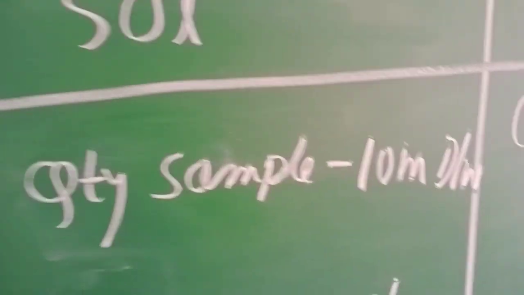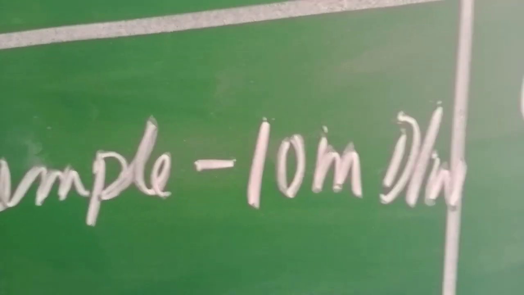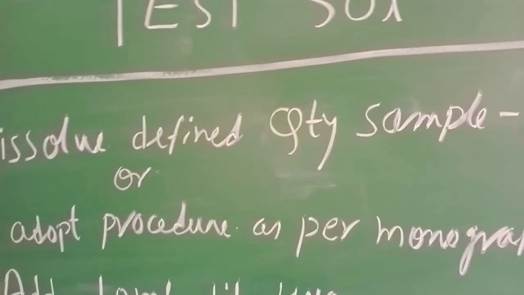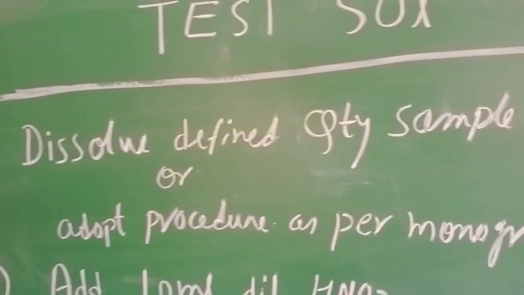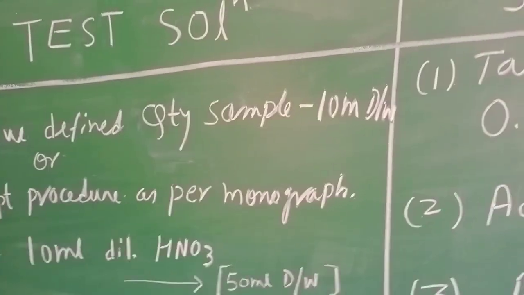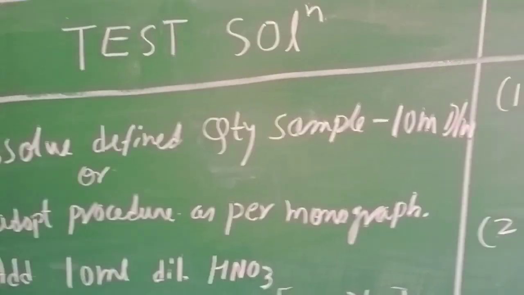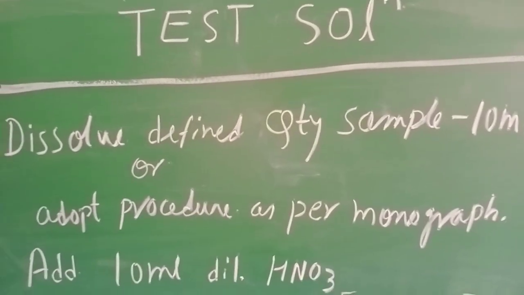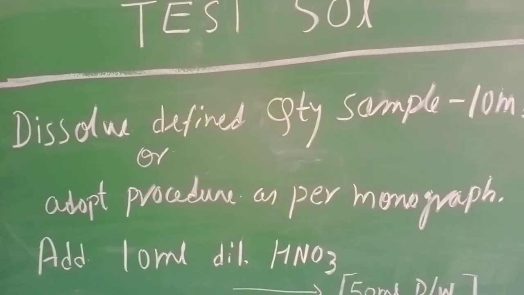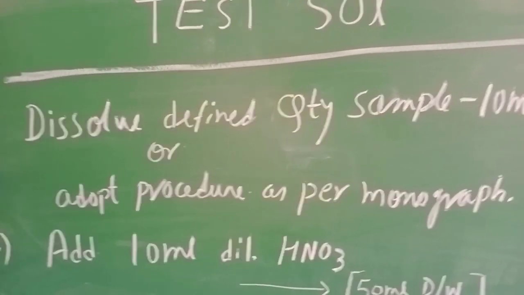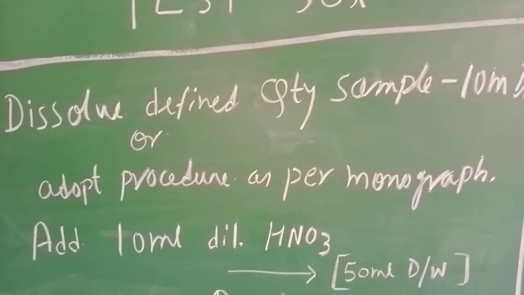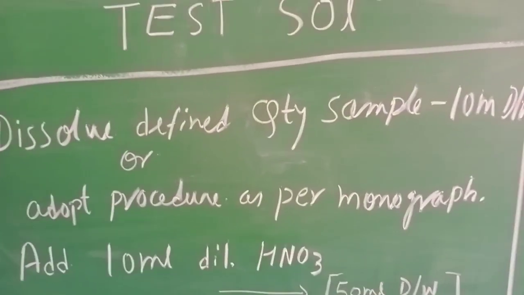It is recommended to use distilled water for dissolving the sample rather than raw water or tap water, as tap water itself contains chloride, and in such a case chloride from tap water will again cause problems or give us a false result.